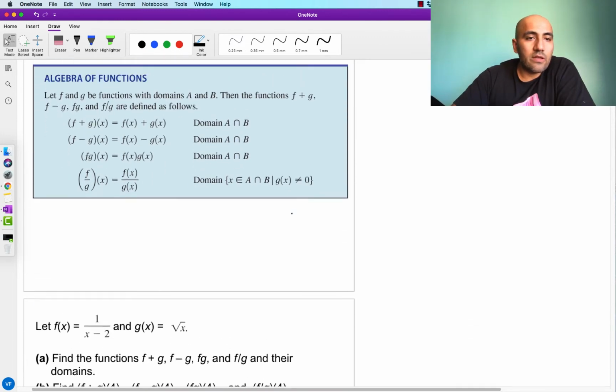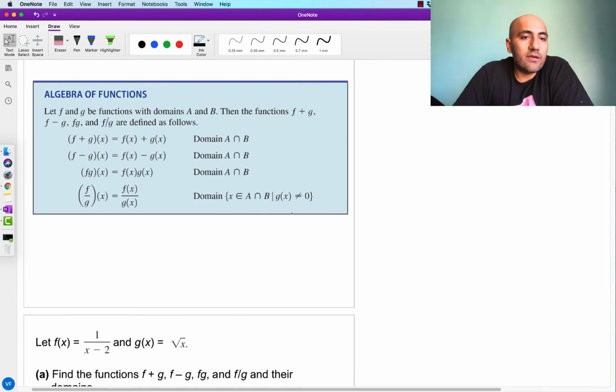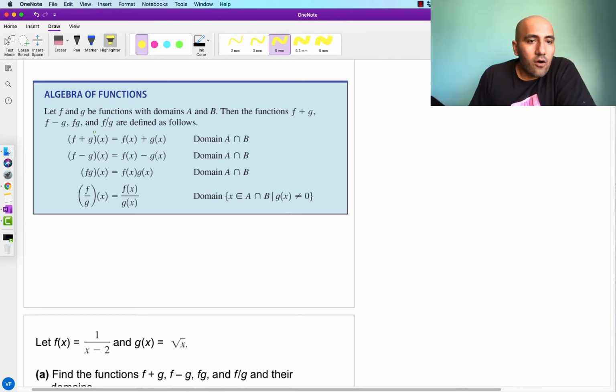Okay, so we can put those all into a nice big table here. So let f and g be functions with domains A and B. Then the functions f plus g, f minus g, f times g, and f divided by g are defined as follows, right? So remember, don't lose track of the fact that all of these on the left-hand side are new functions.